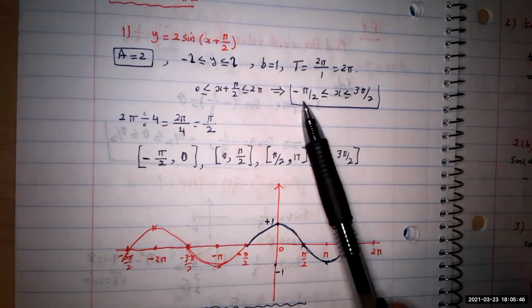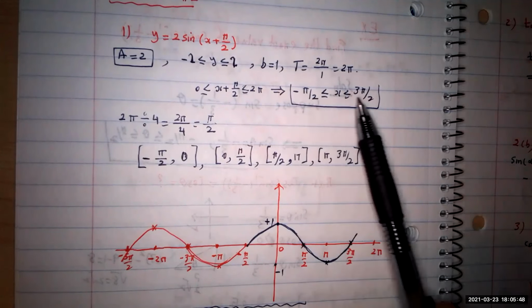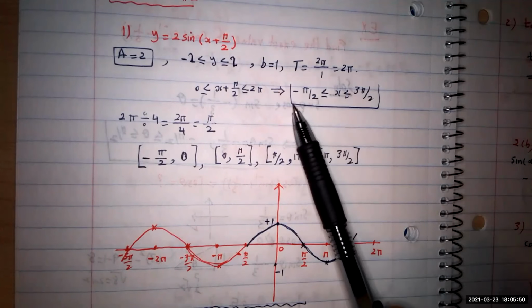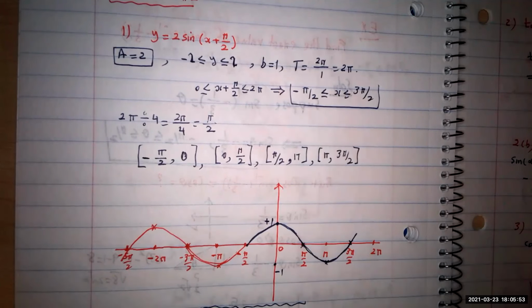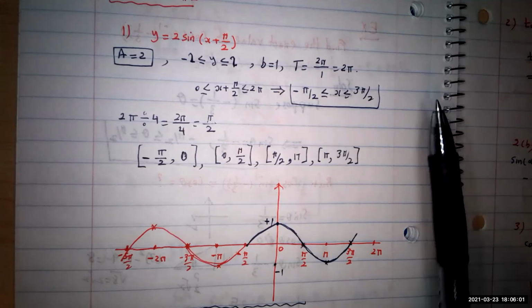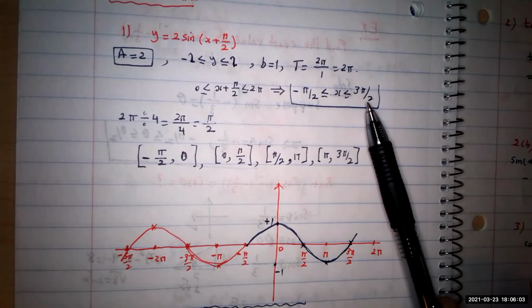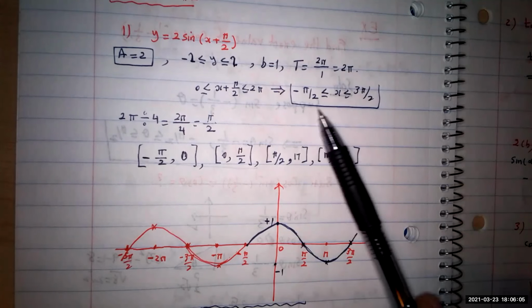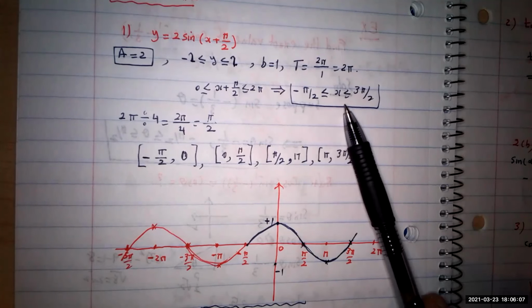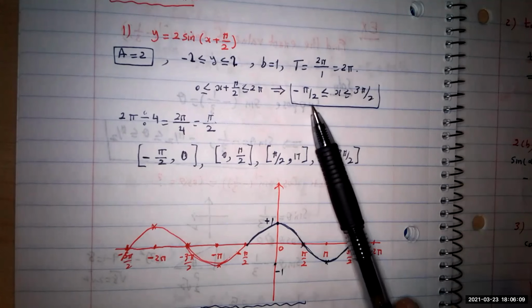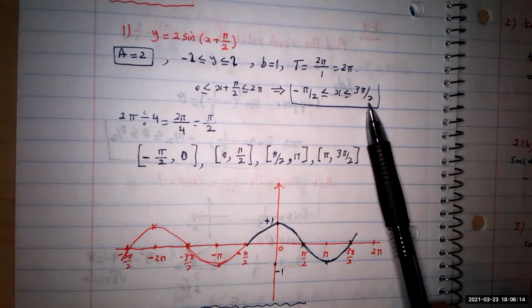So this would be one cycle, one period, from negative 90 degrees to 270 degrees. The distance is 2 pi again, but you must start from negative pi half and reach the end, which is 3 pi half.